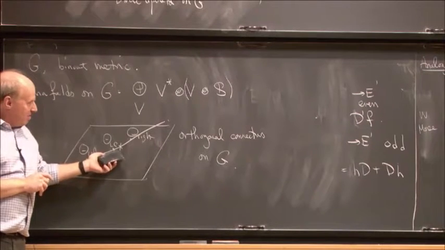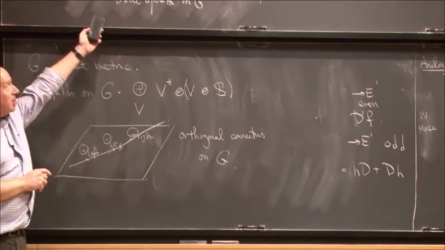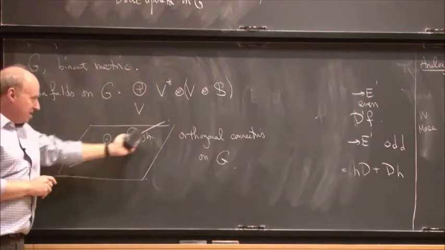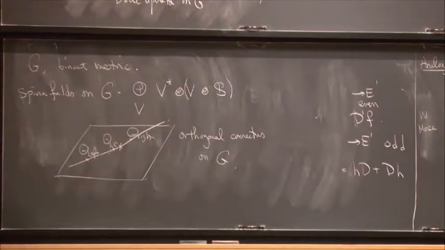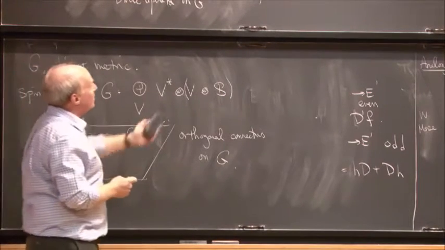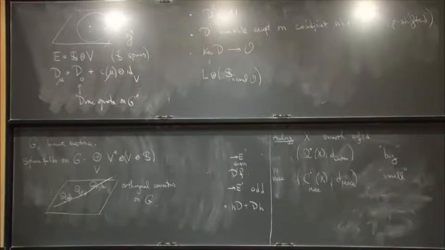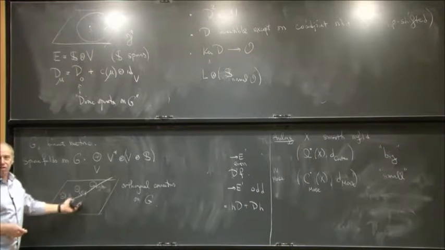It goes by the name of Kostant's cubic Dirac operator, because when you write this out, there's a cubic term. But there's a cubic term for any of these connections, so it's the coefficient that matters. It's the coefficient that makes D squared come out right. And it appears in works of Alekseev and Meinrenken in a more algebraic context, etc., etc.